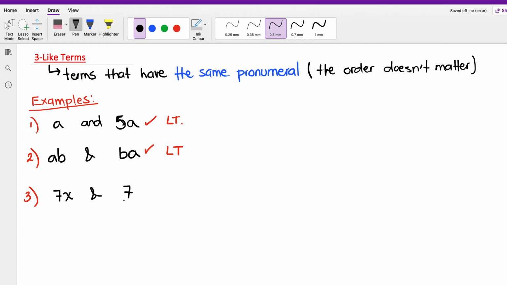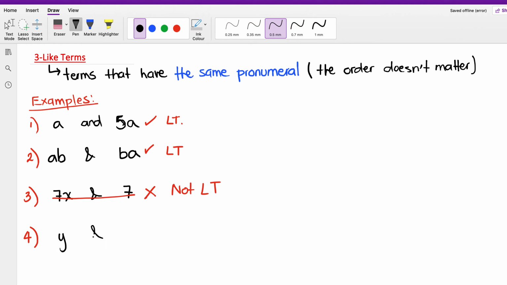So even though both of them have a 7 in this case, they don't fulfill these criteria. They don't have the same pronumeral. So these are not like terms. Okay, let's look at another one.